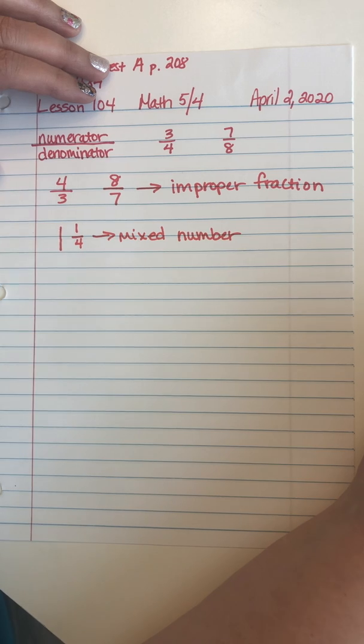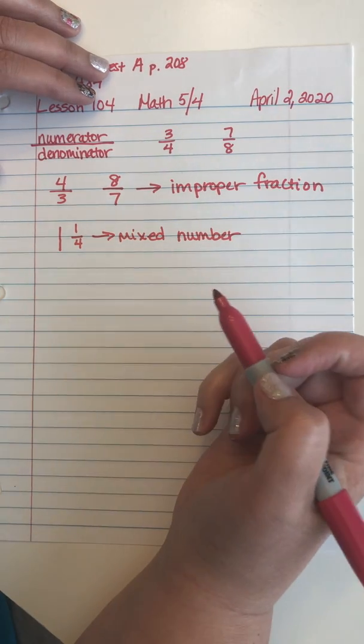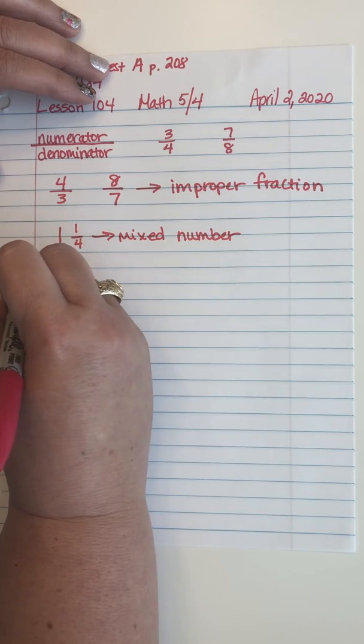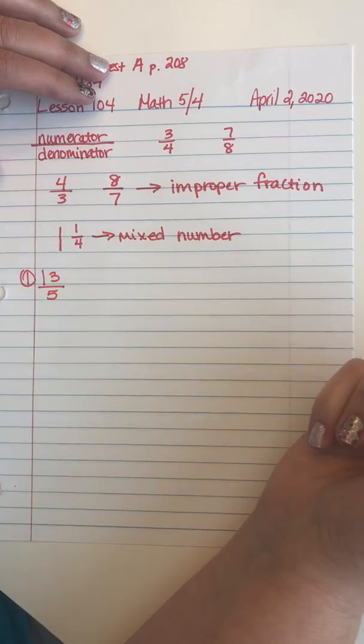So we're going to take our improper fractions today and change them to either a whole number or a mixed number. Let's start with my first example, 13/5.